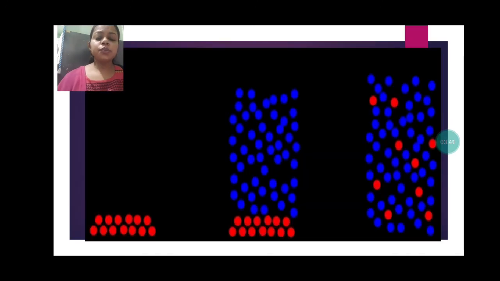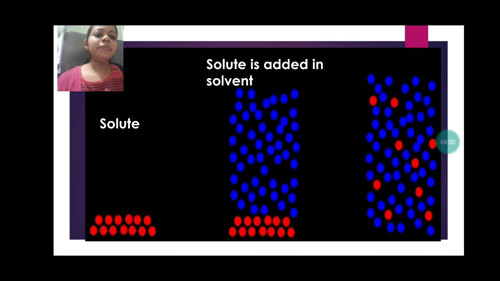Now let's discuss what happens when we add these particles of the solute into the solvent. Suppose this red color is the molecules of the solute. This is less in amount, as you can see. After that we are putting this solute into the solvent.